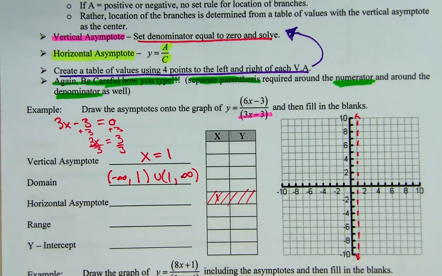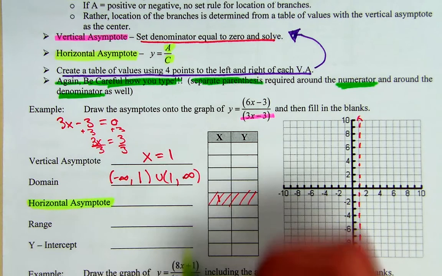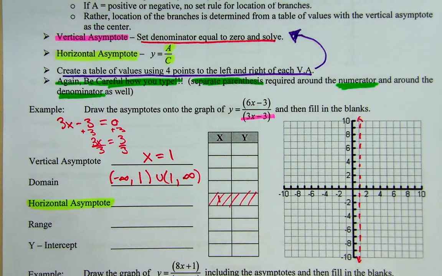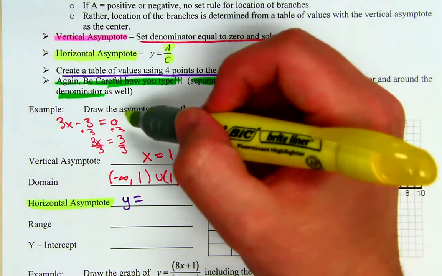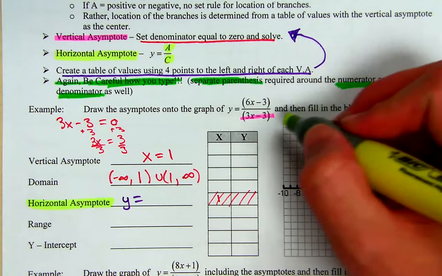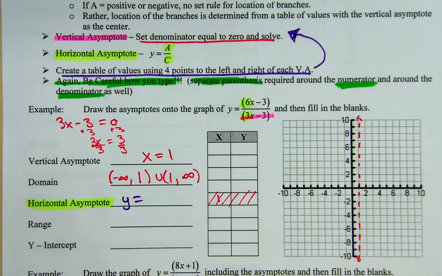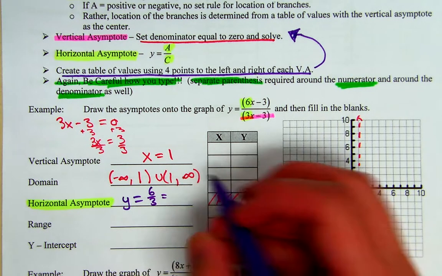Now let's find the horizontal asymptote. Well, Mr. Millikan, I have no clue what a horizontal asymptote is. Horizontal: go back, y equals. First of all, that tells you I need a y equals a over c. Well, what's a over c? I've got 6 over 3. So y equals 6 over 3, which is really just 2.